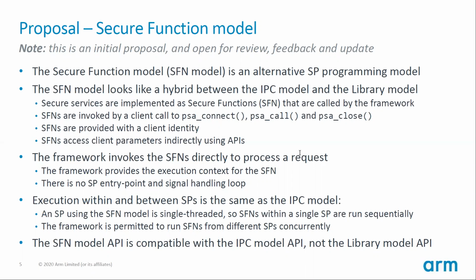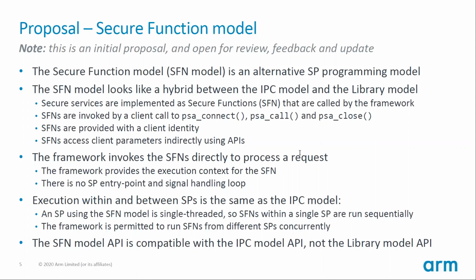So what we're going to do is have a secure function model, which is an alternative programming model for secure partitions. So it's more like the IPC model and the library model, in the sense that it's a way of actually dealing with an individual secure partition. It's sort of an in-between world. So its services are implemented as secure functions, like the library model, and the framework invokes those functions when there is a request.